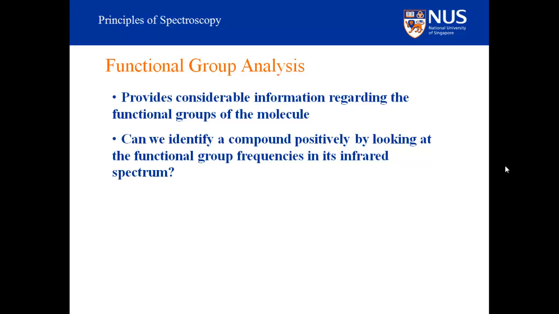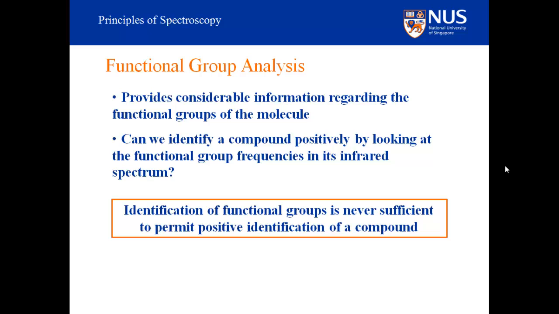But if you were just given the infrared spectrum and you were able to identify the functional groups, that wouldn't mean that you would be able to identify the molecule itself, not just from the functional group frequencies. So we can't identify positively a compound this way, although using the fingerprint region we can.